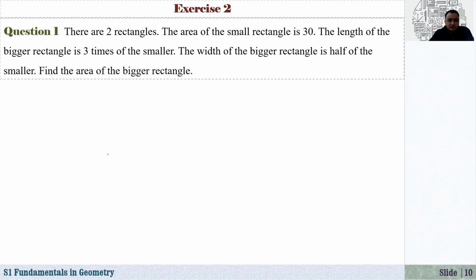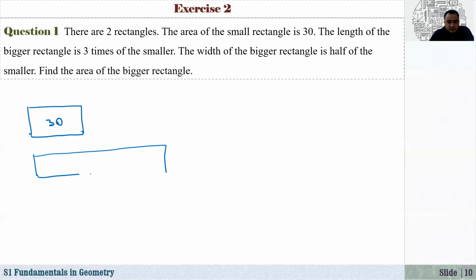So immediately we are talking about two different rectangles. So let's say this one is the small one. Okay, so its area is 30. The area of the smaller rectangle is 30. The length of the bigger rectangle is 3 times the smaller, and the width of the bigger rectangle is half of the smaller. So that means it is a thinner rectangle, right? But it is longer. It is something like this.